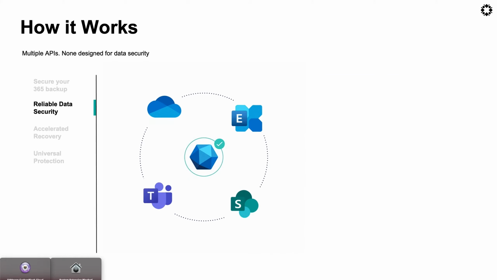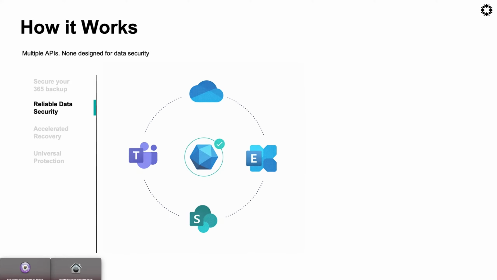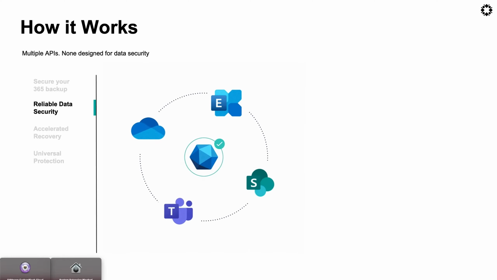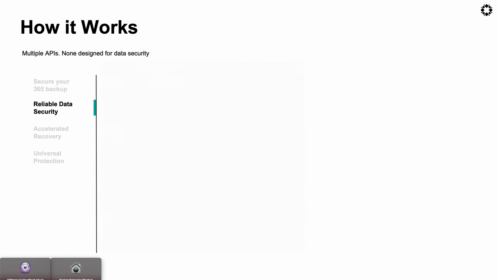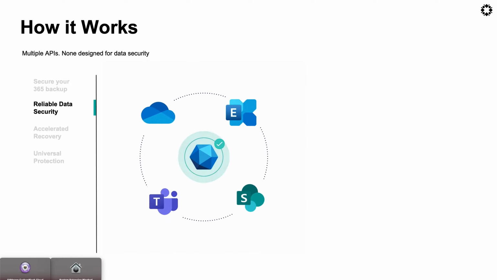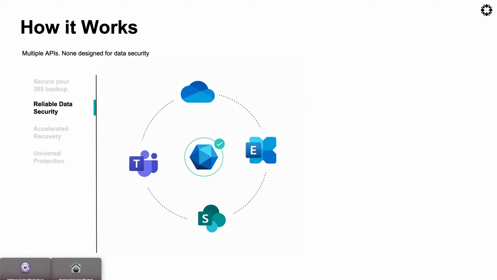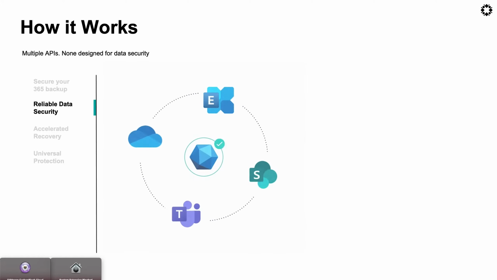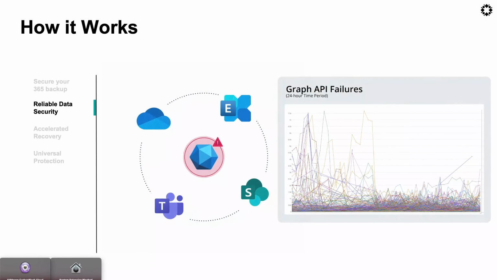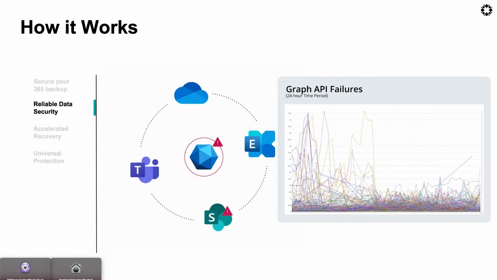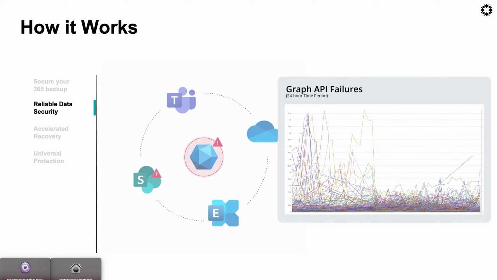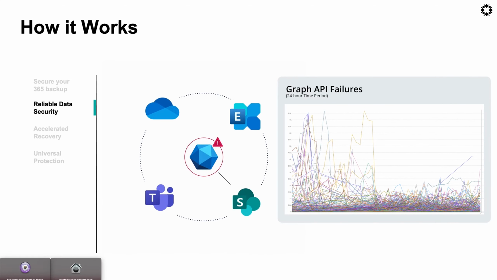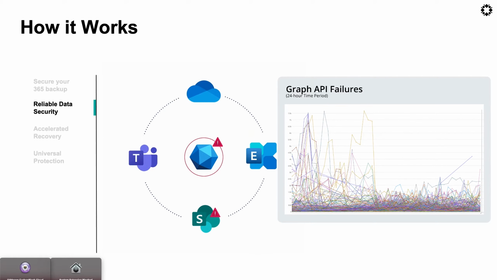On the back end, we're really reliable because we integrate with both the app-specific APIs in M365 as well as this overarching Graph API. So by using multiple APIs, that's helping us ensure that we can handle failures as they occur. Because if you're familiar with Microsoft, you know that the failures can happen. And so look on the right here, this is showing how often these APIs can fail because so many people are accessing the application.